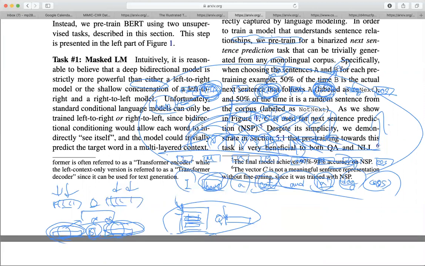So it's kind of like trying to capture the semantic meaning of the sentence, so that if a certain sentence comes after another sentence, there should be a flow of semantics. For example, if the first sentence is talking about a dog and the second sentence suddenly talks about cars or tanks, then something is wrong there.